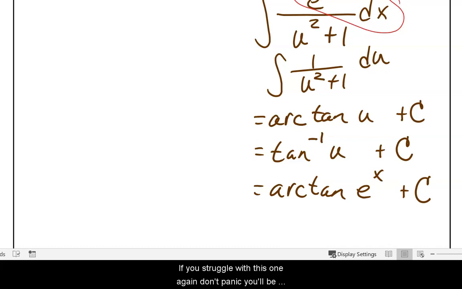You'll be doing a lot of these when you get to Calculus 2. It is a major integration technique, but this is not something I focus much on in Calculus 1. I show it to you here because I want you to have seen it, but I'm not going to test you on this one. Let's take a look at another tricky one.